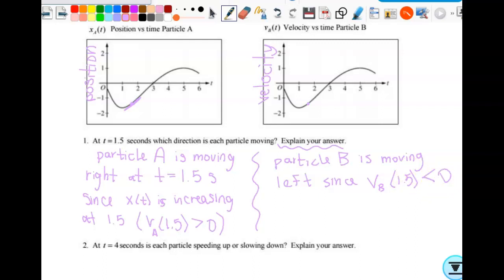Since we're looking at a graph of velocity, I can clearly see at 1.5 the graph is below the time axis, so it has a negative value. So moving left since velocity at 1.5 is less than 0. And guys, if you don't like the notation, just write "is negative."